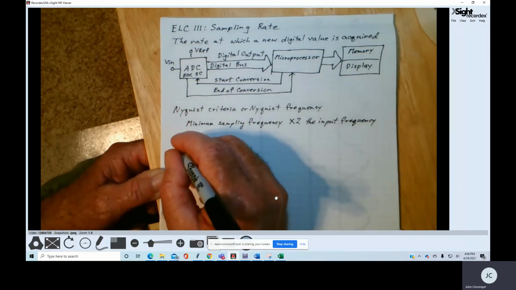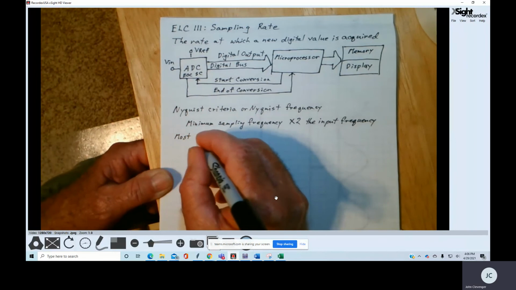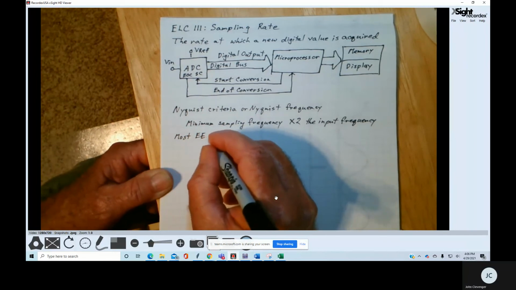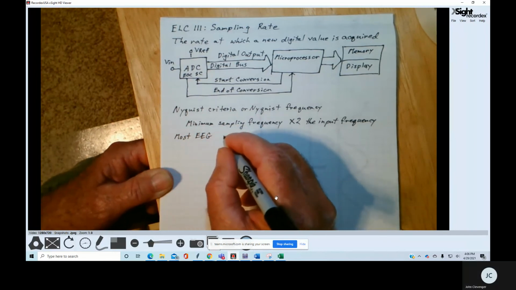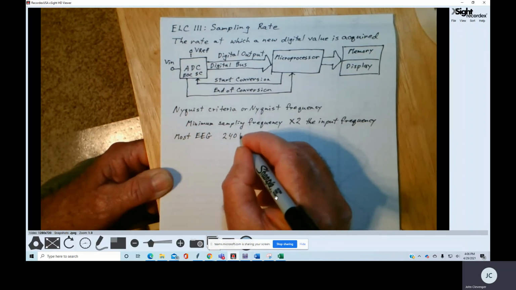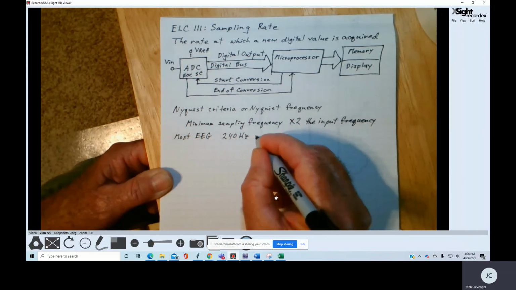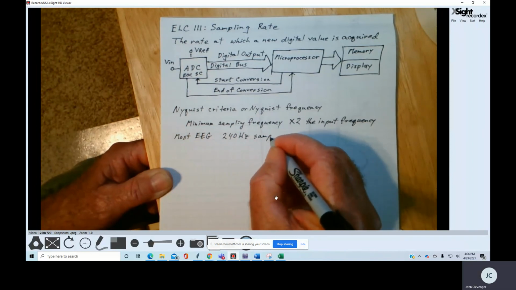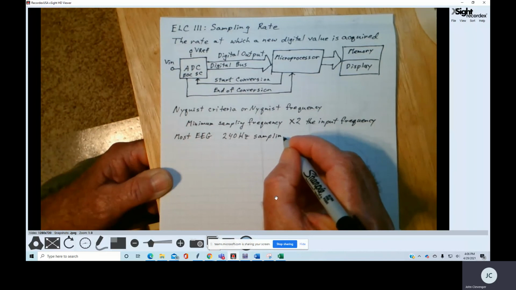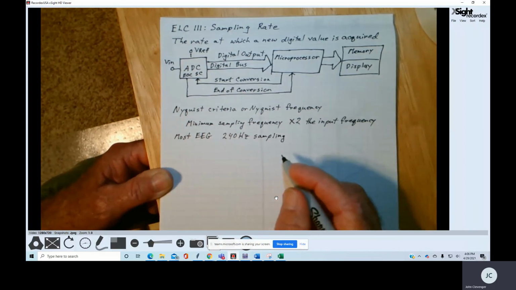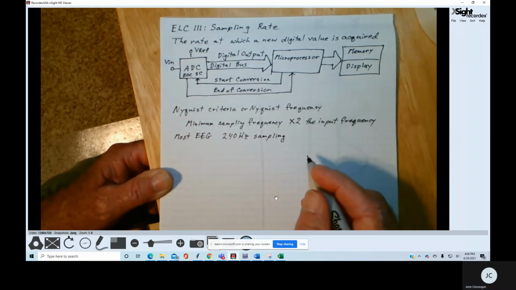Now, most EEG systems have a 240 hertz sampling rate. And this by far satisfies the Nyquist criteria for EEG signals.